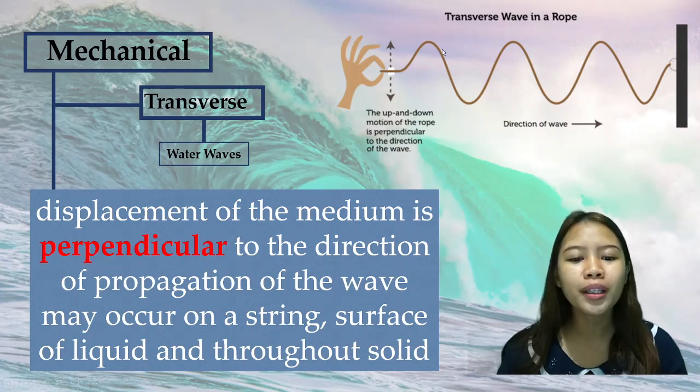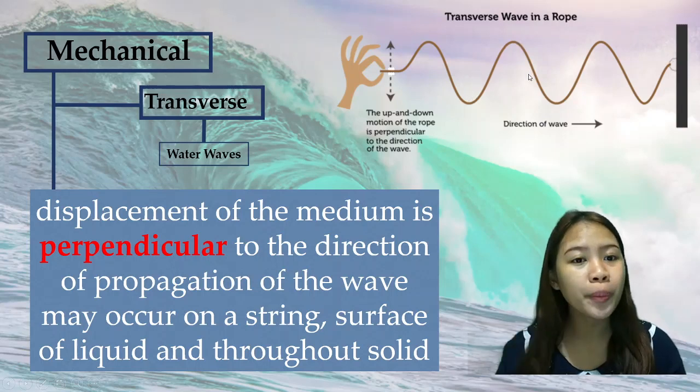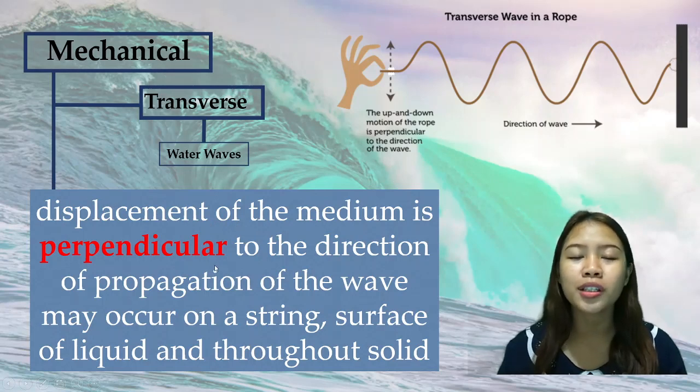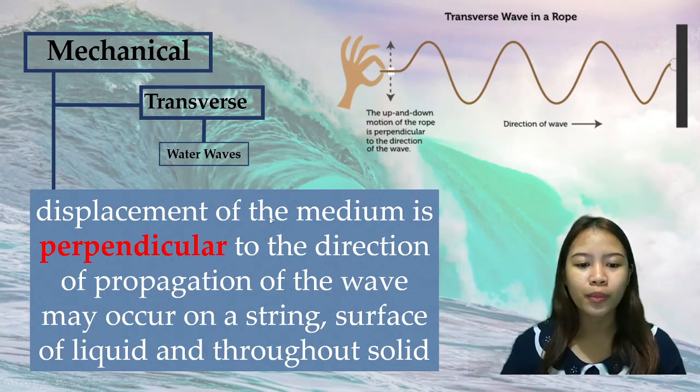Now, the moment you move the string, take note, if its equilibrium is horizontal, the wave created is perpendicular to its propagation. So once it is perpendicular like this, take note, that is a transverse wave. And a good example of that is, again, the water waves.